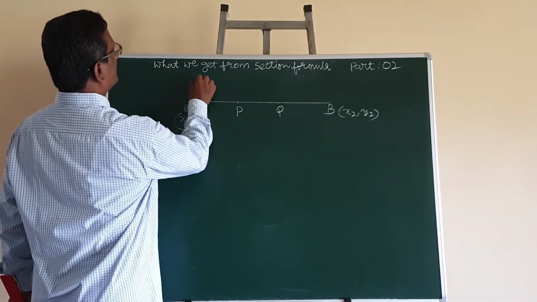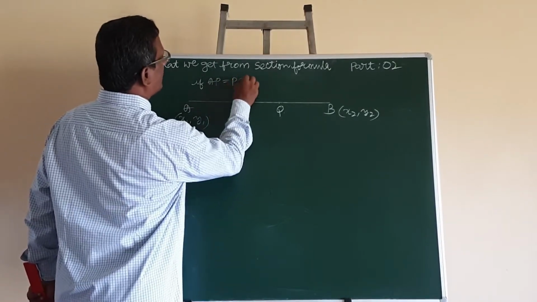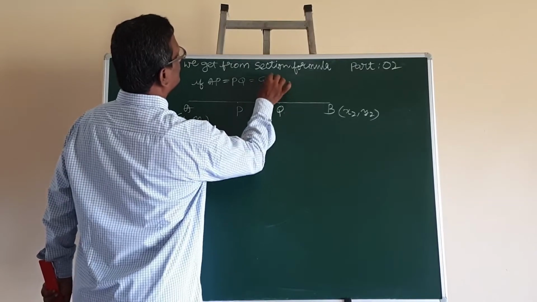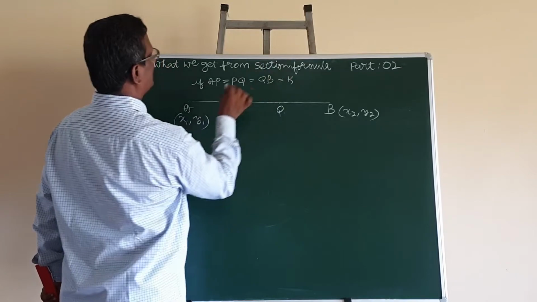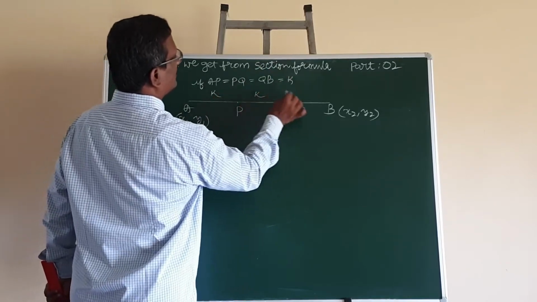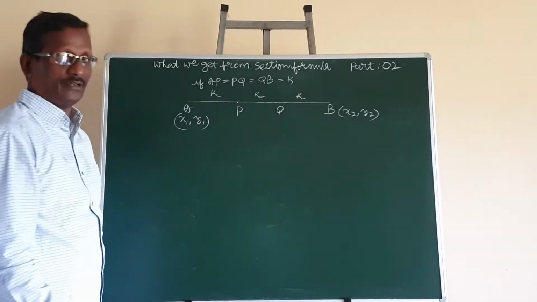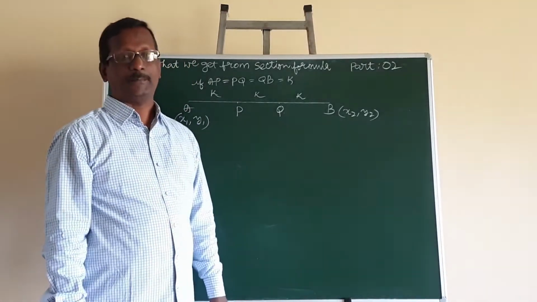If AP is equal to k, PQ is also equal to k and QB is also equal to k, so we write AP is equal to PQ is equal to QB is equal to k. If all the distances are equal, we say points P and Q are trisecting points.